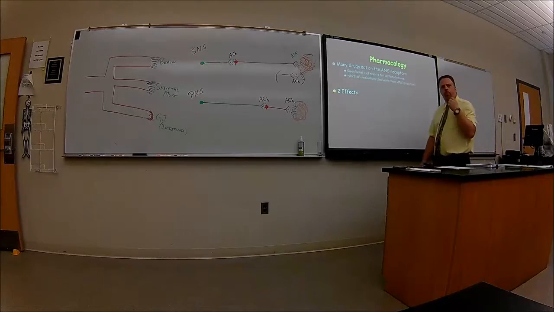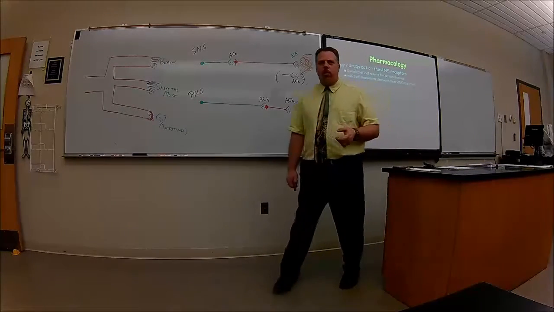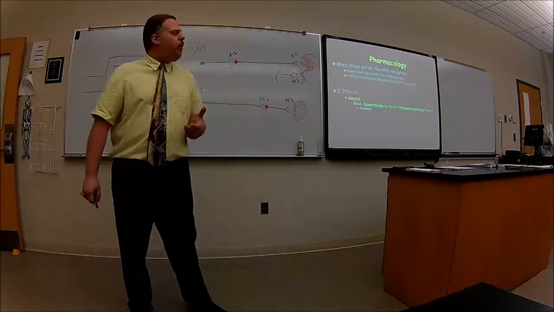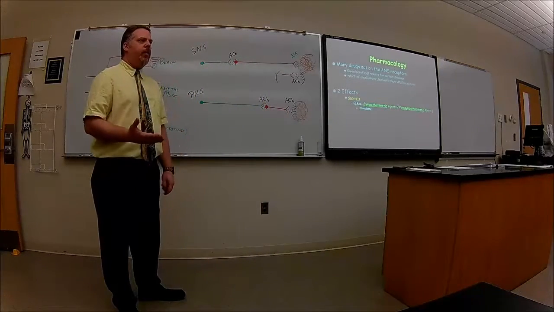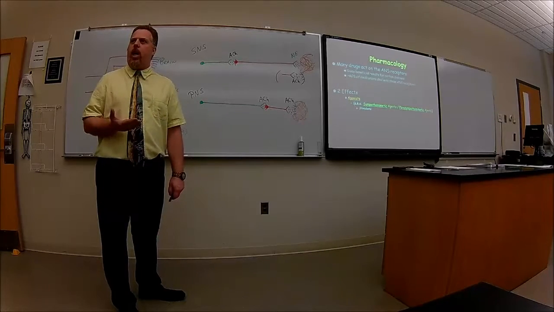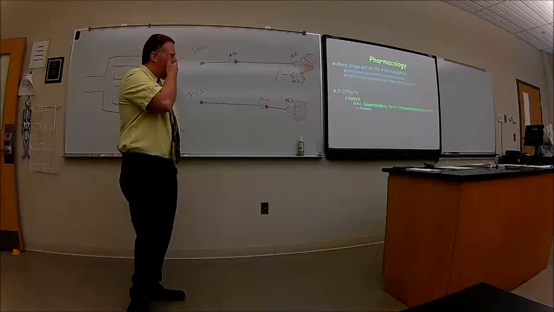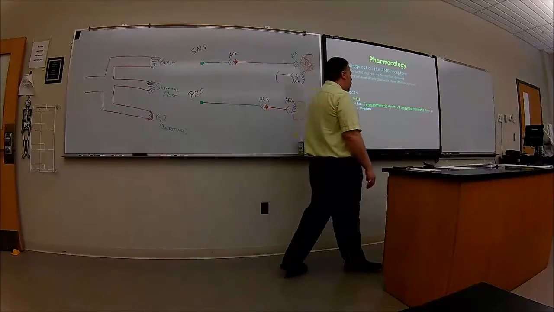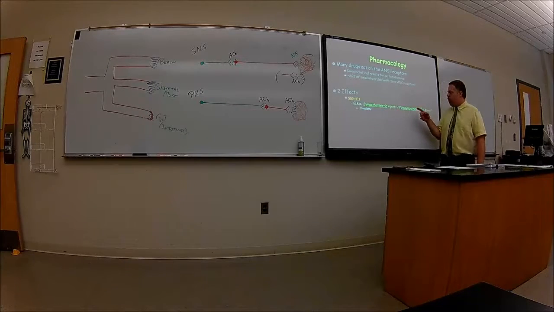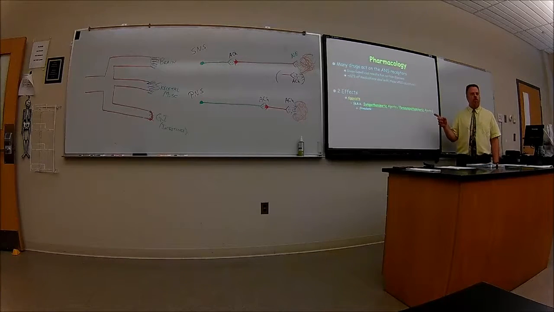You have 2 basic effects that occur. Either it could be an agonist, something that's going to stimulate that receptor to turn on. So we could have these agents that can mimic the sympathetic or mimic the parasympathetic.